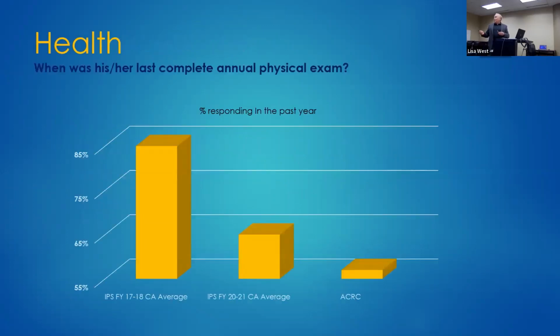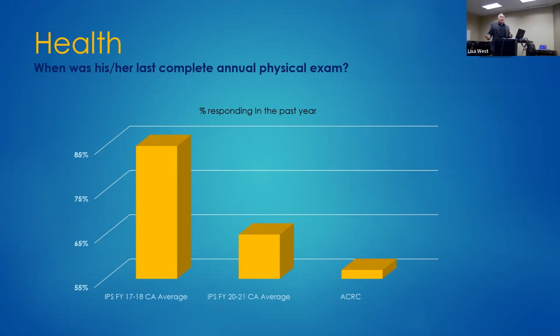Health, the question of when was his or her last complete annual physical exam. We would hope that everybody has the opportunity to see their primary medical professional annually. Alta, 57% said yes to having been able to see their doctor within the last year, compared to the statewide average of 65%.